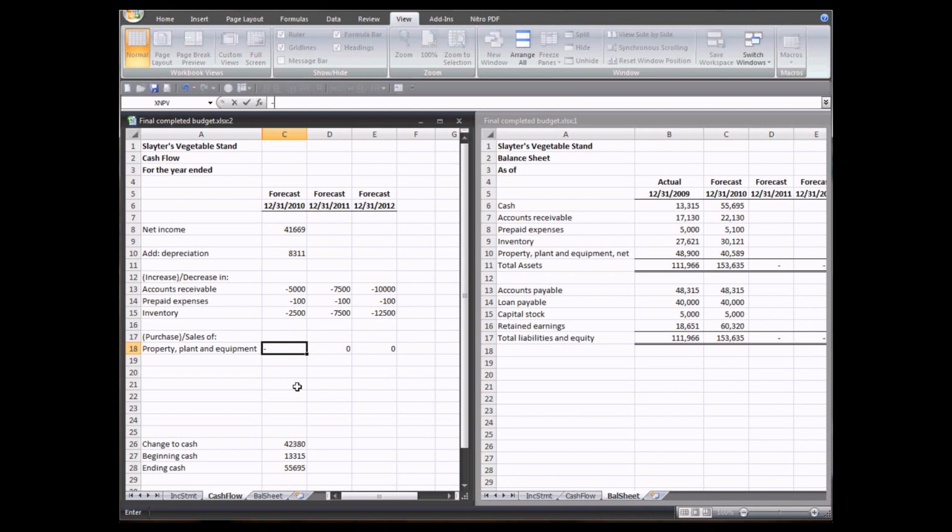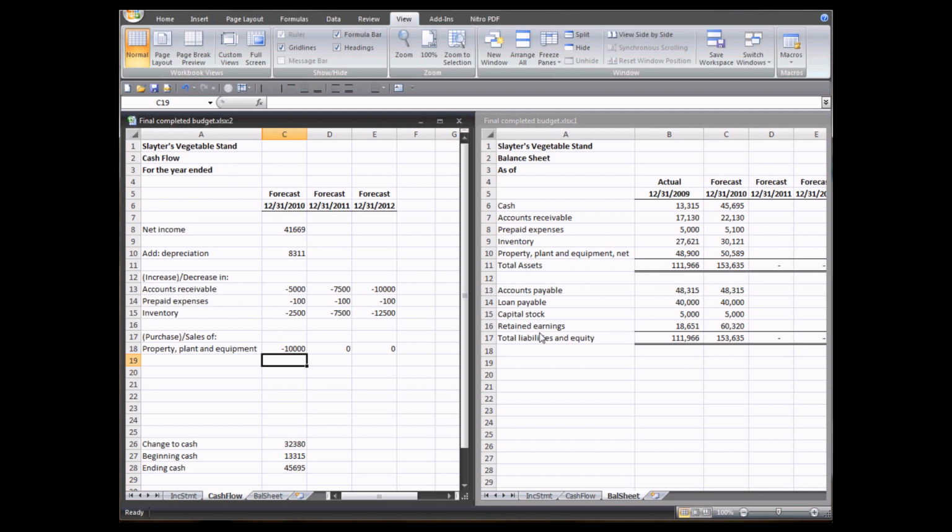Let's say I did decide I wanted to purchase $10,000 worth of equipment. When I hit enter, watch what happens right over here on my balance sheet. I hit enter now, and you can see my cash went down, my property, plant, and equipment went up, and I'm still in balance. Okay, so in fact, we'll just leave that there. We'll just pretend like we did want to purchase that anyway. Okay, so now I've got my asset side squared away.